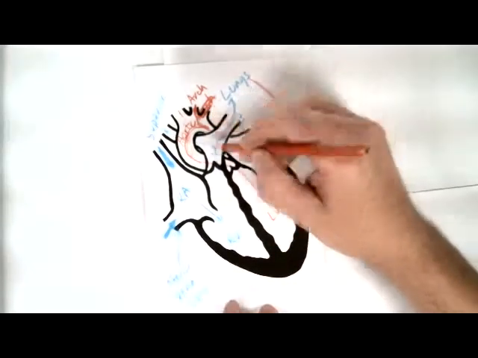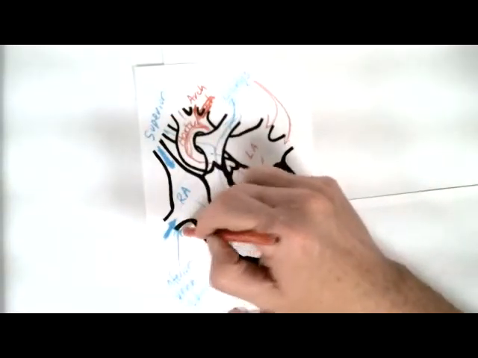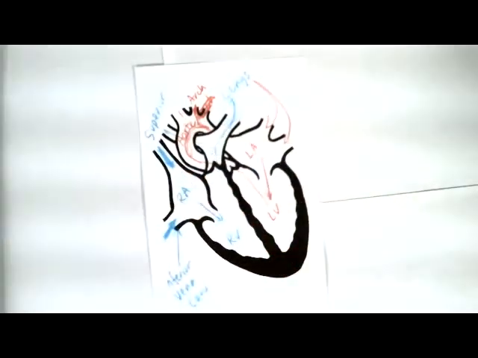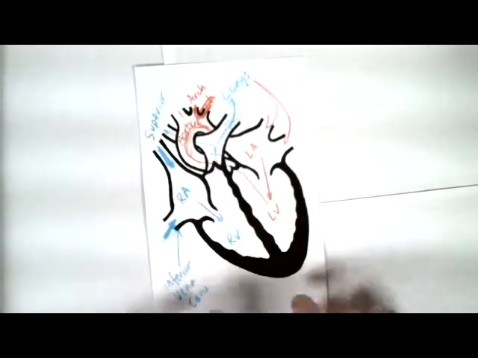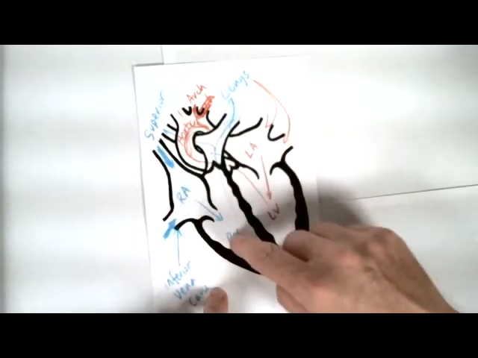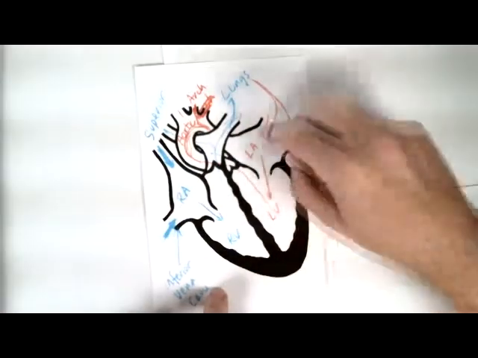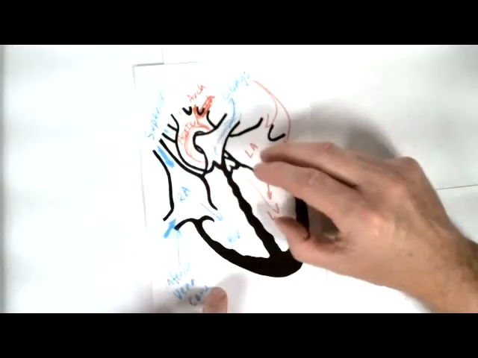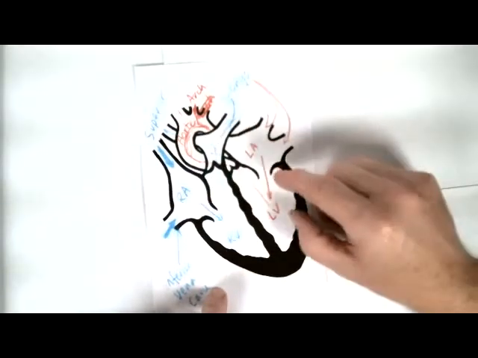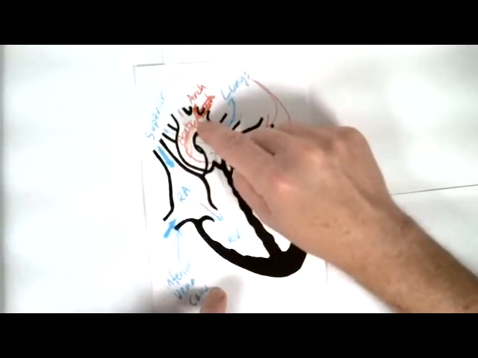Once the blood gets down to the body, it's going to come back through the inferior and superior vena cava to the right atrium. So again, we have a dual circuit pump. We have a circuit where the right atrium and the right ventricle feed the lungs, the pulmonary side, and then the blood coming back from the lungs and sent to the body is handled by the left atrium and the left ventricle. That's the somatic side.